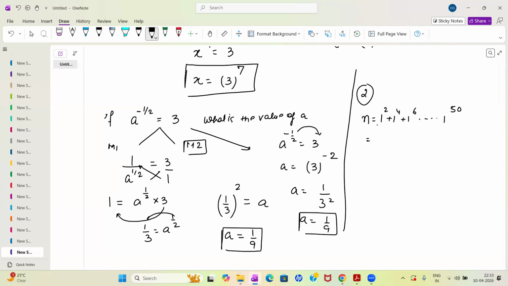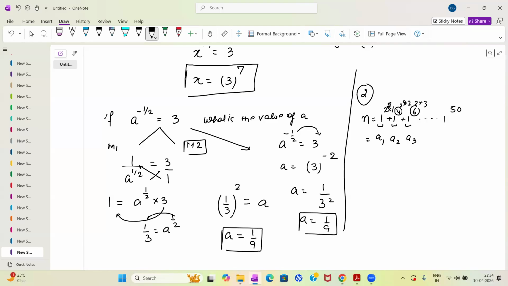You know how many times this 1 will come? Look, this is the first term, the power is 2 into 1. This is the second term, so 4 can be written like 2 into 2. This is the third term, so we can write 2 into 3.